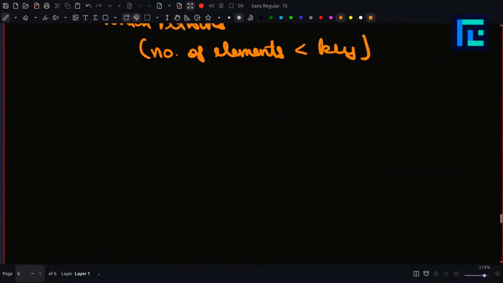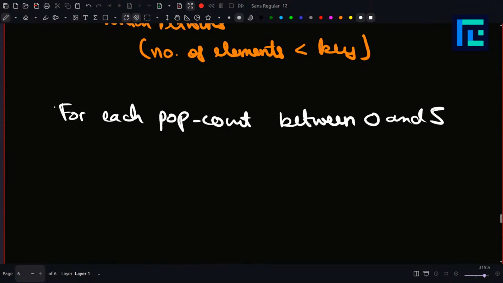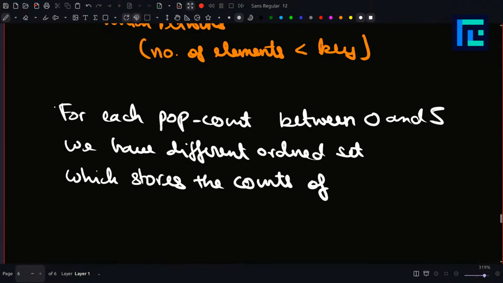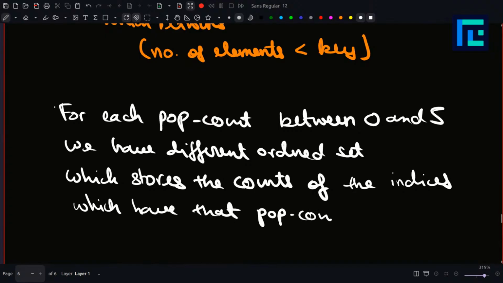So what we're going to do is, for each pop count depth between 0 and 5, we have a different ordered set, which stores the counts of the indices which have that pop count depth.